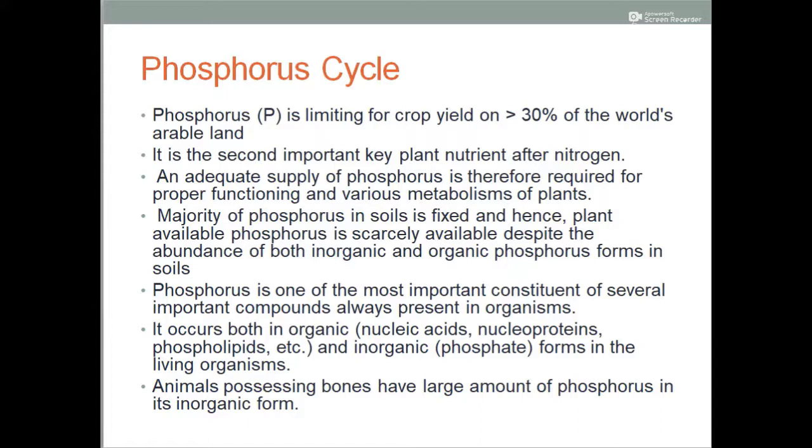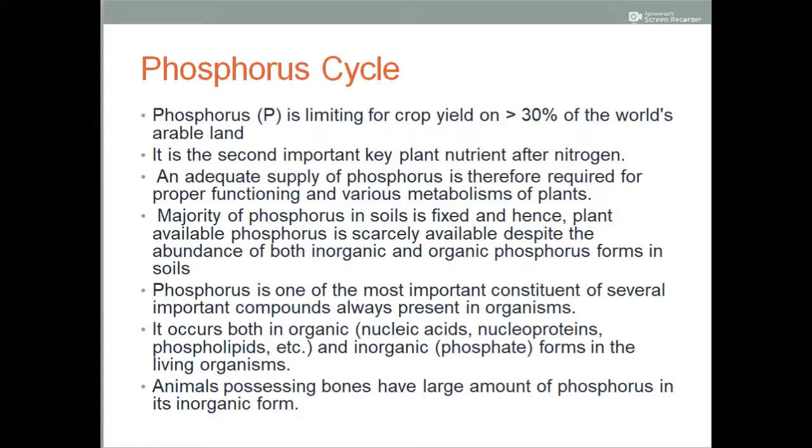If you look into the animals, all our bones contain phosphorus in the inorganic form, and the deficiency of this phosphorus would of course affect the strength of our bones. So the element phosphorus becomes quite essential for the growth of both the plants as well as the animals on this earth.